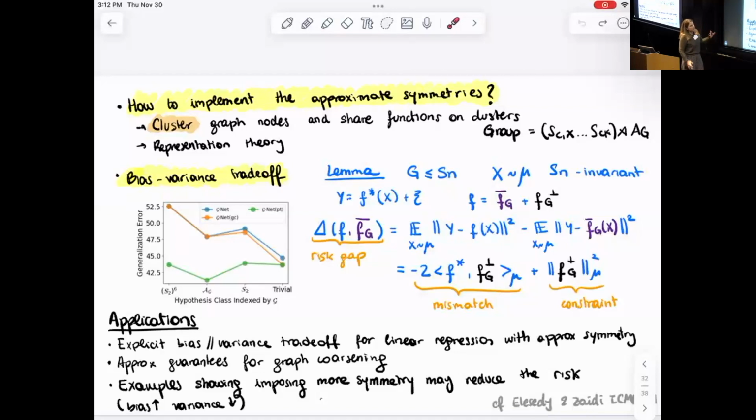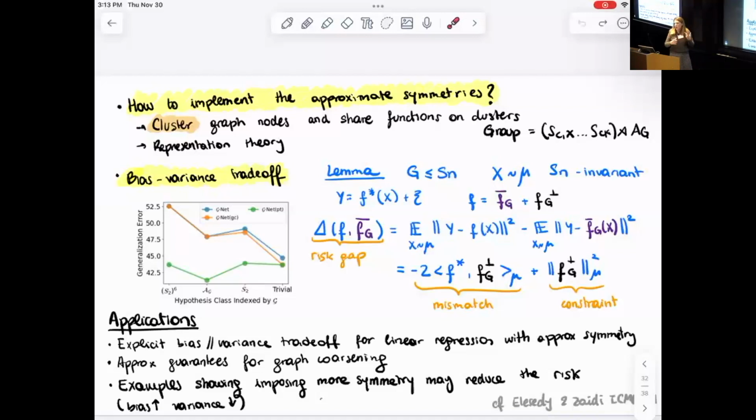And she can quantify this trade-off using some techniques that are not very complicated, like just statistics. She can show that, for instance, you can impose more symmetries that the problem has, and then you can reduce the risk of your estimator by increasing the bias a little bit, but decreasing the variance significantly.